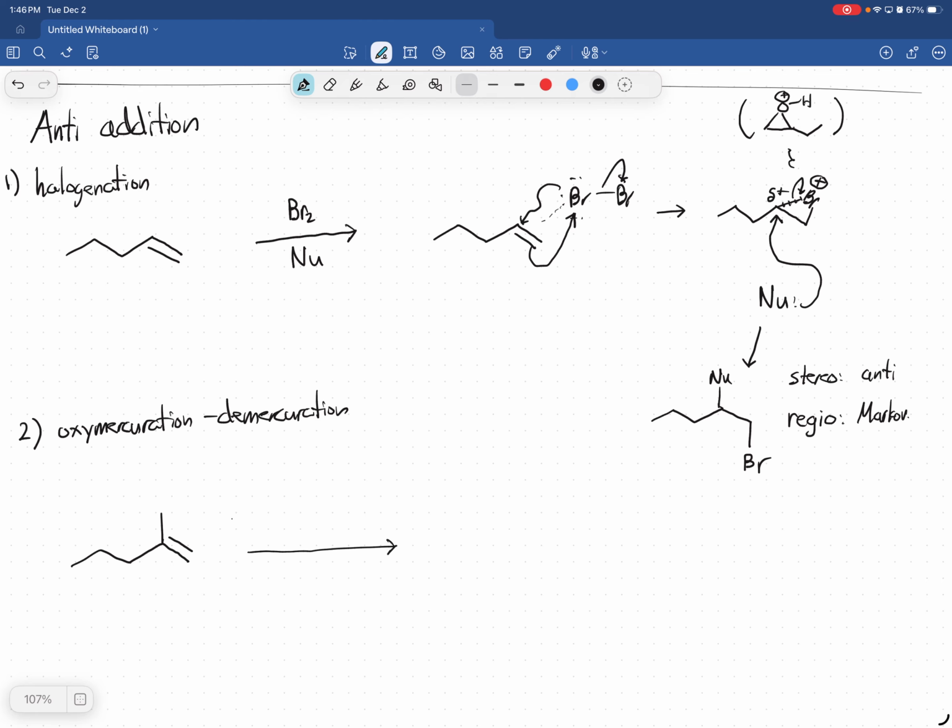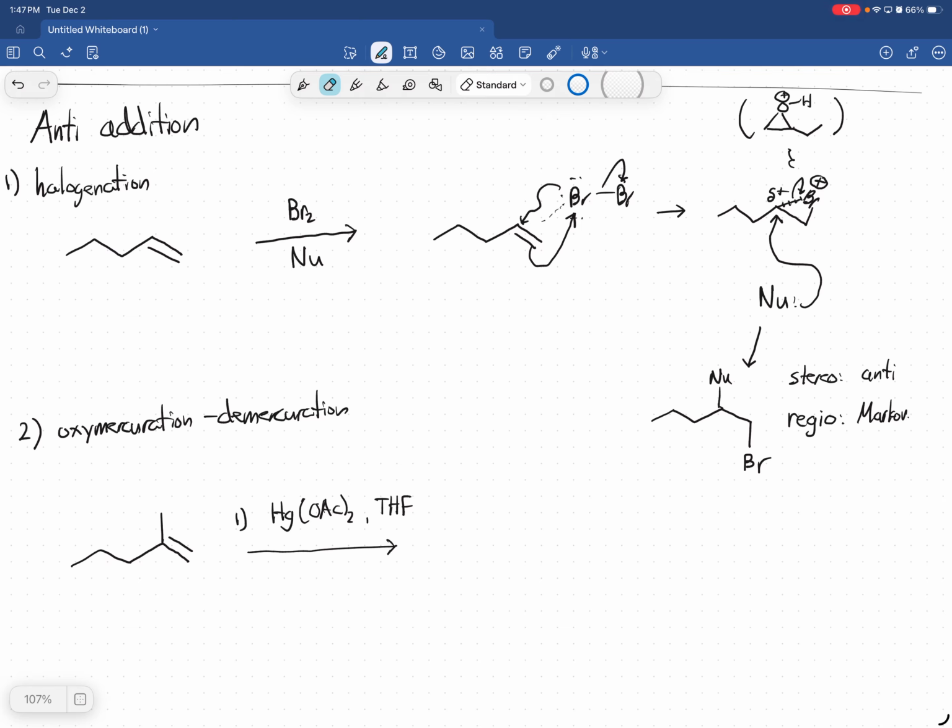The first reagent is mercury acetate, Hg(OAc)2, and I think there's a solvent, I think it's THF. If you don't put a solvent, I won't mind, not for this one. But for SN2 and SN1, you should put the solvent. Okay? All right, so we get this.